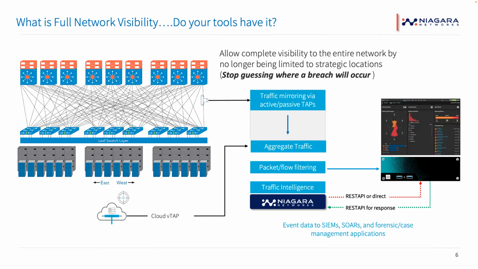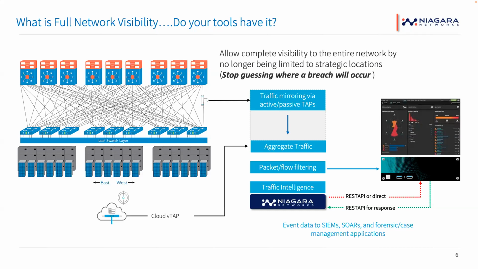And then once we have that all aggregated, it's obviously going to be more traffic than any one device is able to consume. So we need to be able to create filters that deliver the right traffic in the right way to the tool that's going to best ensure its ability to detect and respond to a threat.